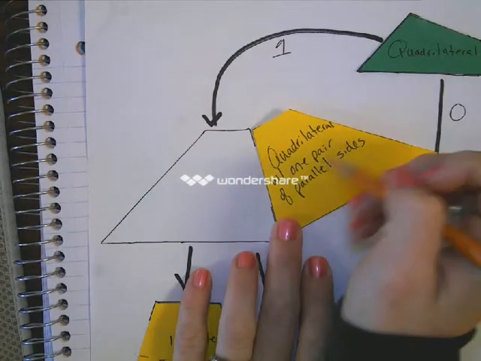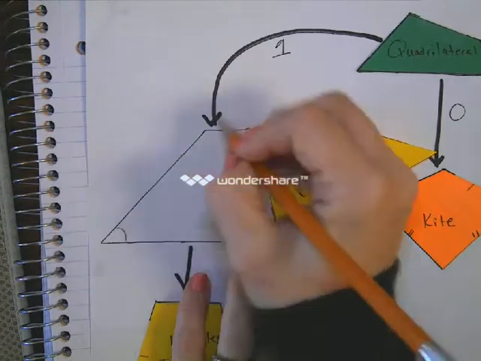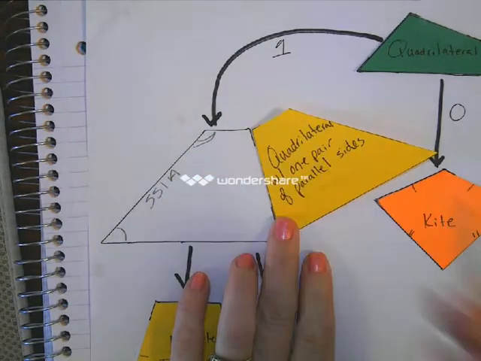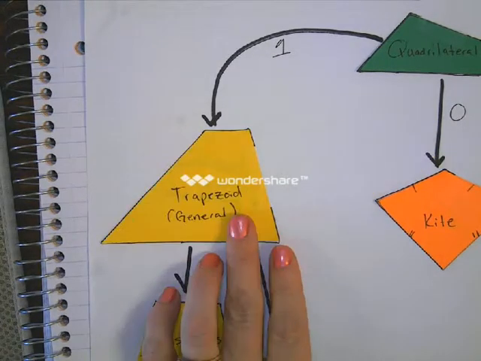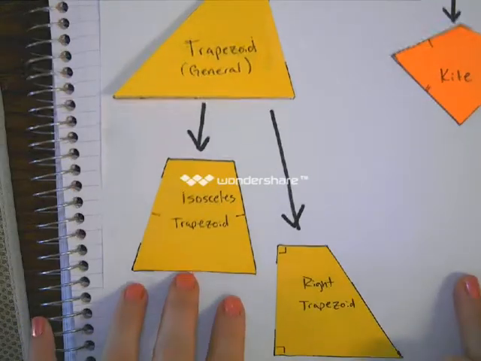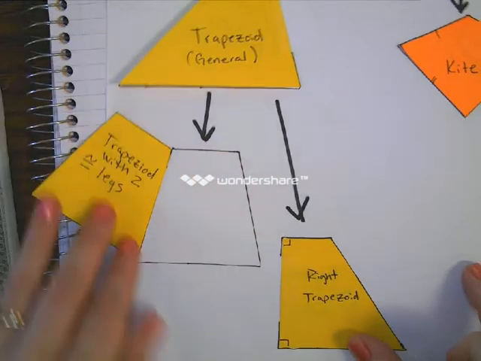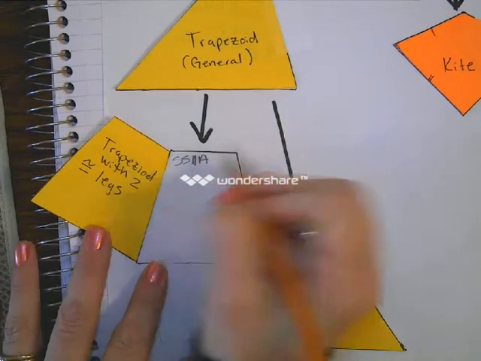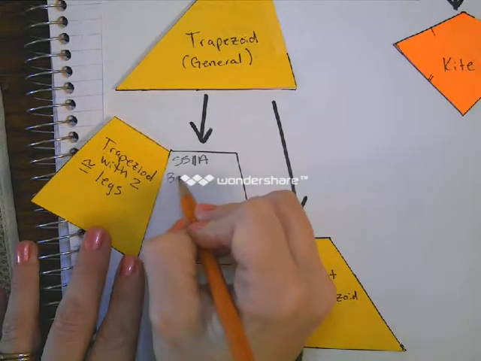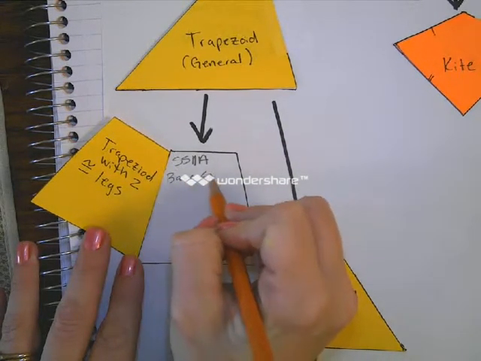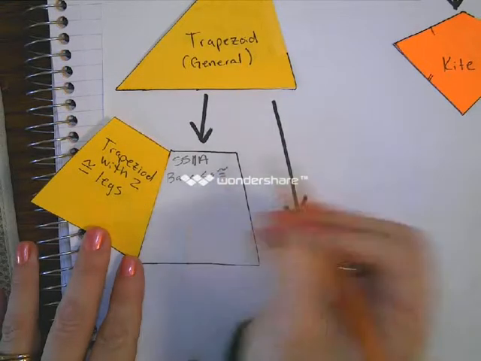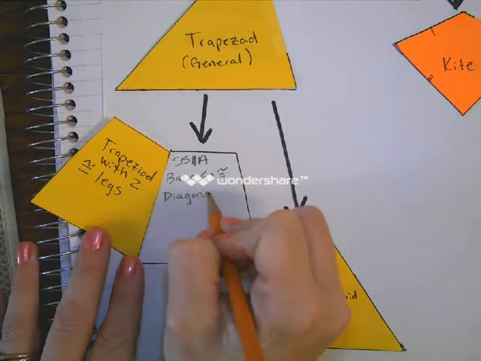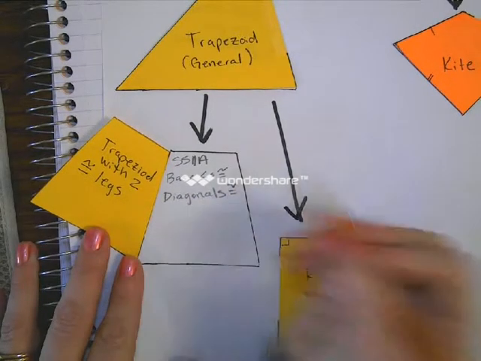The only thing we know about a quadrilateral is that these angles are same side interior angles, which means they add up to 180 degrees. That's the only thing on trapezoids. Then we go down to isosceles trapezoids. Again, we're going to have same side interior angles. We also have base angles congruent, and then we also have diagonals congruent.